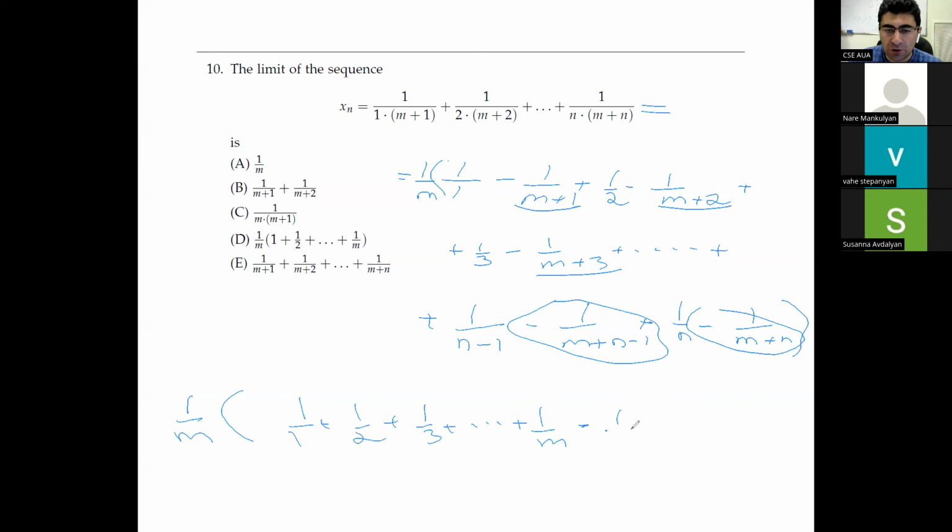So if we have like the last one, minus 1 over m plus n, the one before that, minus 1 over m plus n minus 1. And I'm going to write another m terms. So this is the first one, this is the second one, and the mth term will be 1 over m plus n minus m plus 1, if I'm not mistaken.